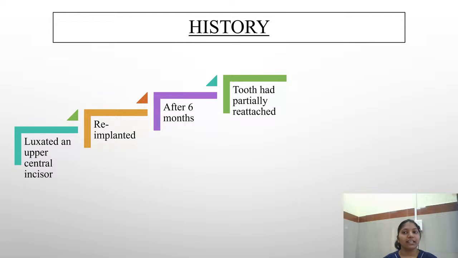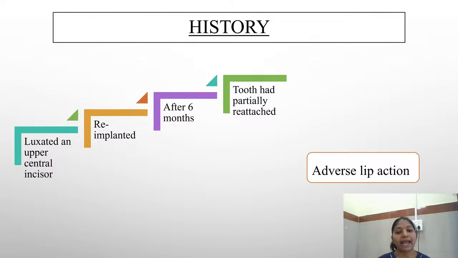He reimplanted that luxated upper central incisor, but after 6 months there was resorption of that central incisor. This is because of an adverse lip reaction. As this patient had class 2 division 1 malocclusion, there was lip trap and adverse lip action on the central incisor, which caused its resorption.